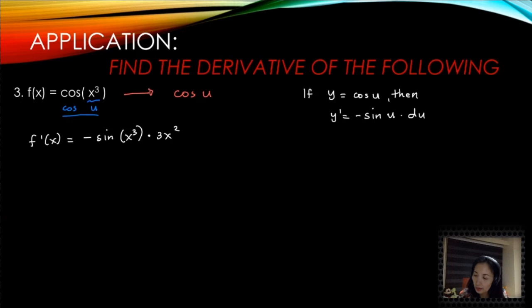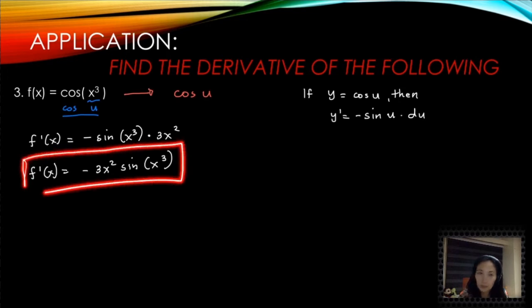Or f prime of x is equal to negative 3x squared sine of x cubed. Okay, so this is our answer.